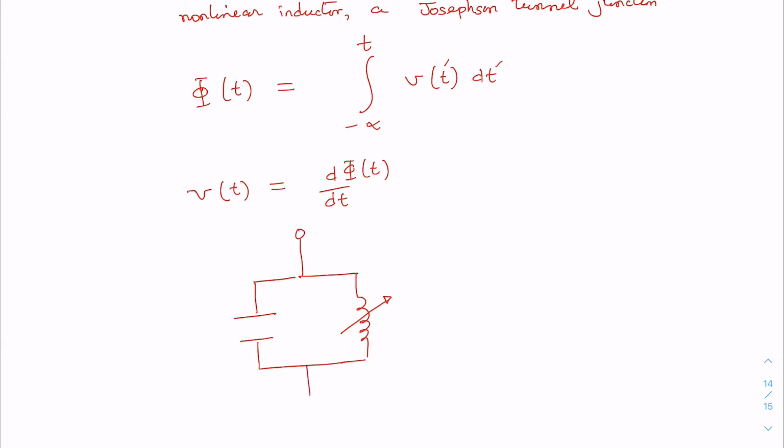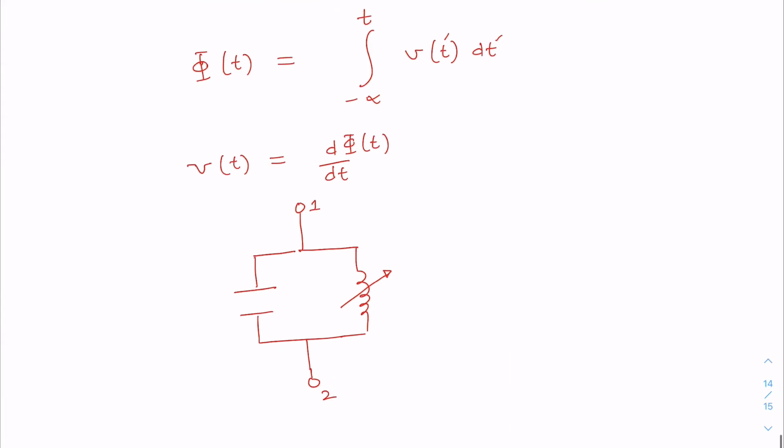Terminal 1 and 2: you can consider 1 as the metallic island 1, or the superconducting island 1, and 2 as the superconducting island number 2. And this nonlinear inductor, the Josephson junction, is described by a magnetic flux phi.